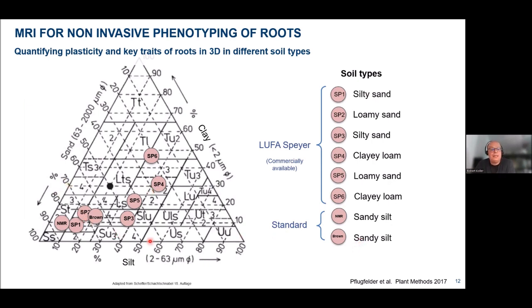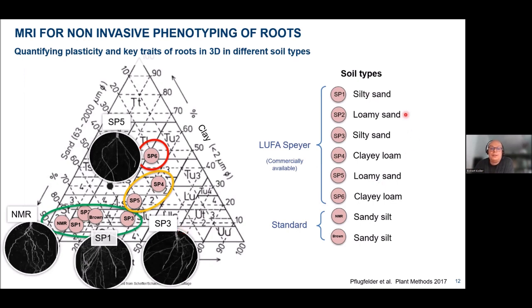And then we imaged the roots growing in these soils with our standard protocol. And we found that out of these 6 available soil types, at least 3 or 4 were really well suitable and had the same quality of data analysis as our standard soil that we're regularly using in the MRI.